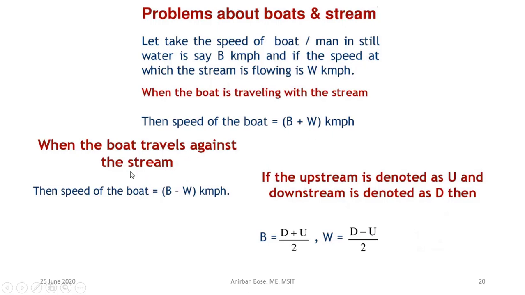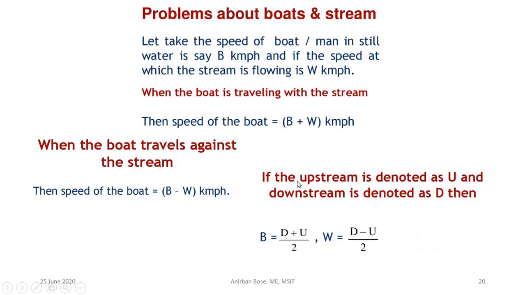And when the boat travels against the stream, which is called the upstream, then speed of the boat will be b minus w. Remember, where b is the speed of the man or the boat in still water, and w is the speed of the water or the stream.